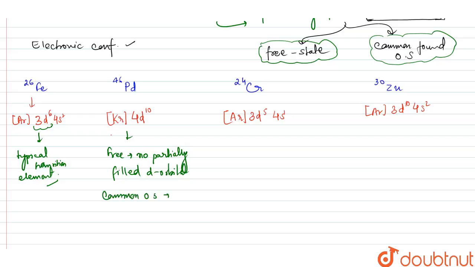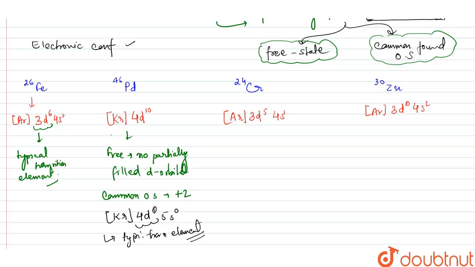So in the +2 oxidation state, the configuration of palladium becomes Kr, 4d8, 5s0. So here we see there are partially filled d orbitals. So this will also act as a typical transition element.